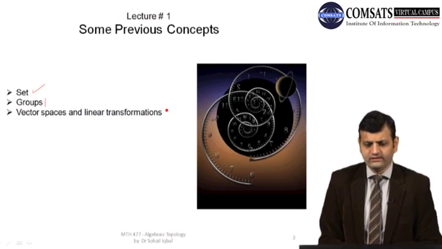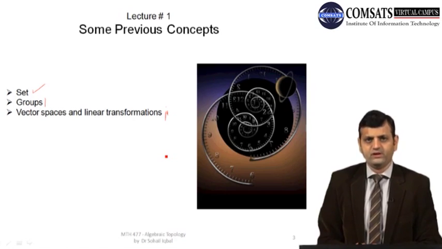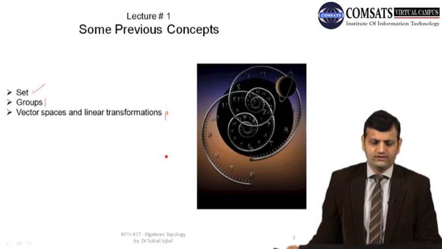And then in lecture number 1 we discussed what vector spaces and linear transformations are. Of course you know where we used them: when we were trying to define simplices, which helped us to define simplicial homology. That's why we needed these things.